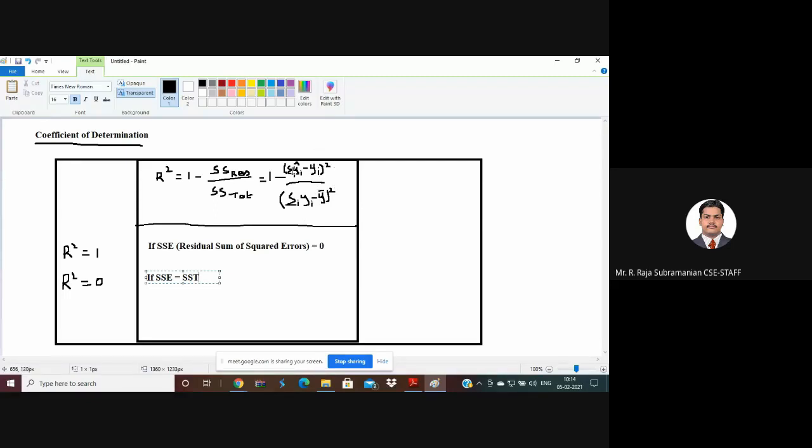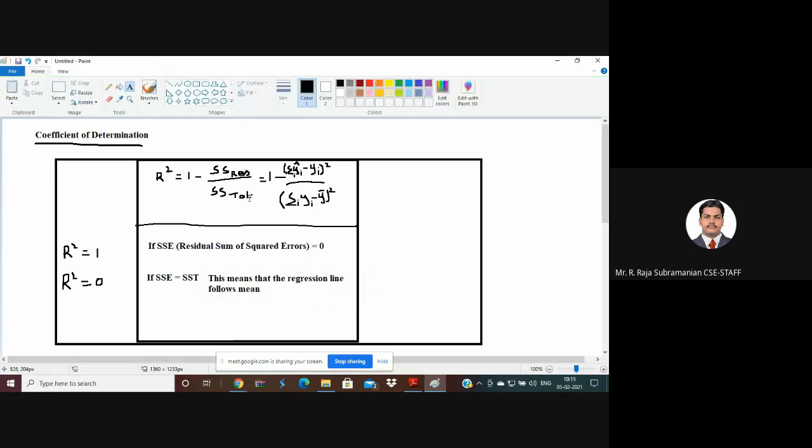It will get cancelled. 1 minus 1 becomes 0. This means that the regression line follows the mean. Why? Because my regression line depicts error. If the error is exactly equal to the distribution from the mean, it means that all the points are approaching the mean only, right? Like that we have to understand, right?